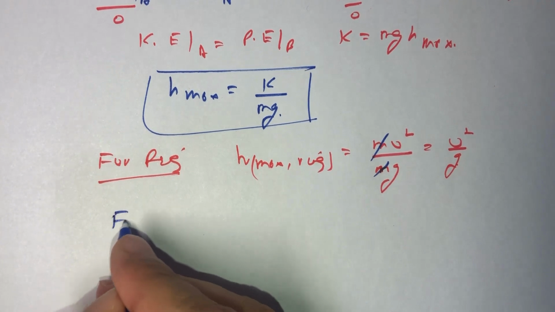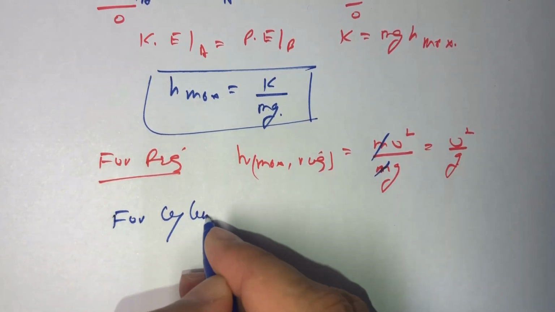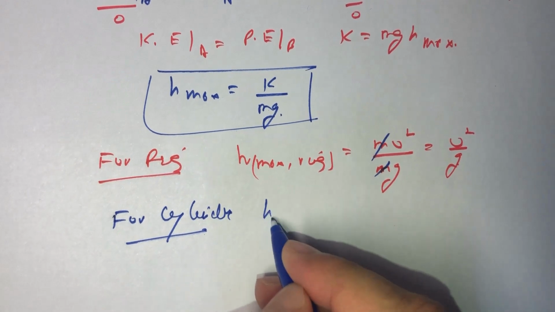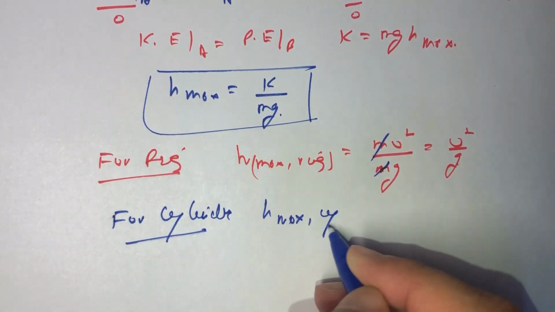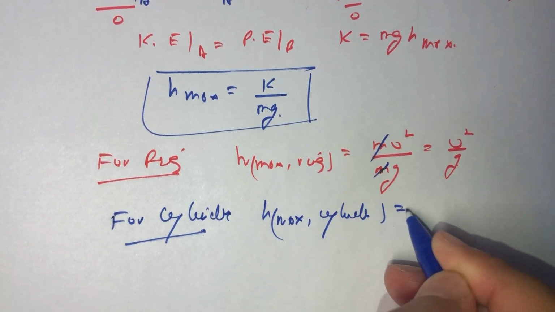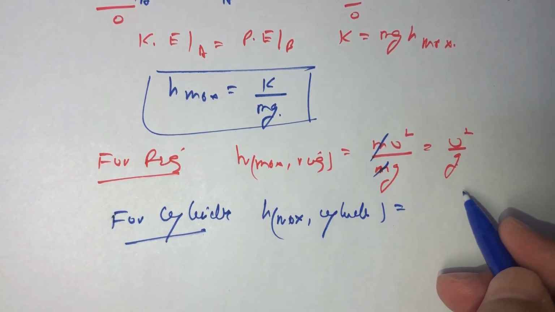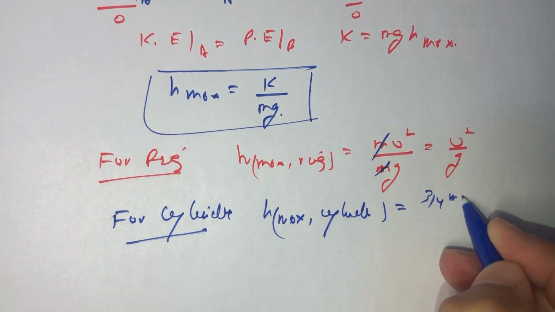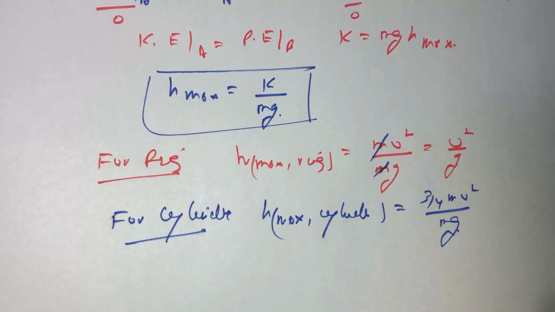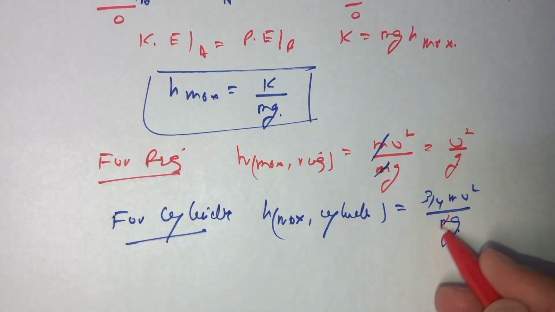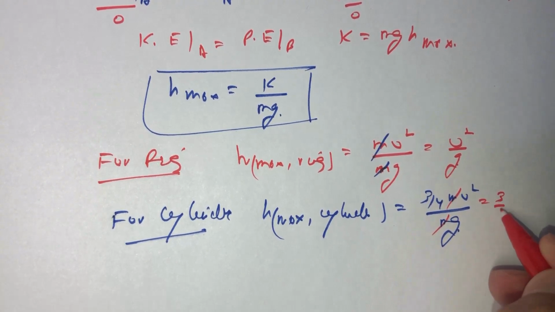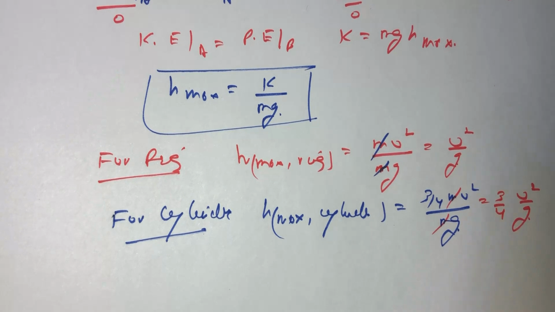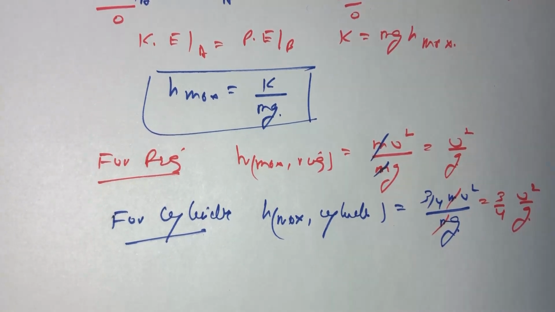Similarly we can write for cylinder, h max for cylinder, and the kinetic energy for the cylinder is 3/4 mv square divided by mg, and once again mass and mass cancel out, so this comes as 3/4 v square by g.